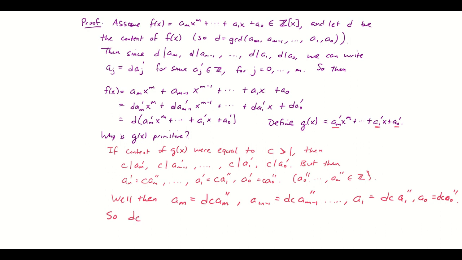So dc, which is greater than d because c was greater than 1, is a common divisor of a_0 through a_m. That's a contradiction.